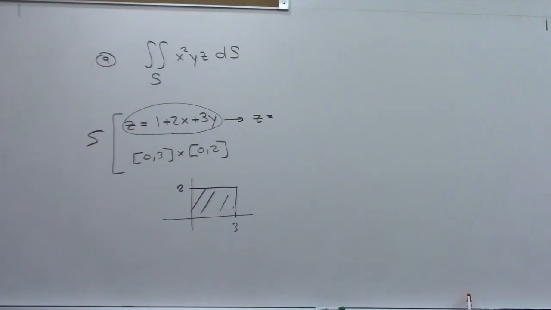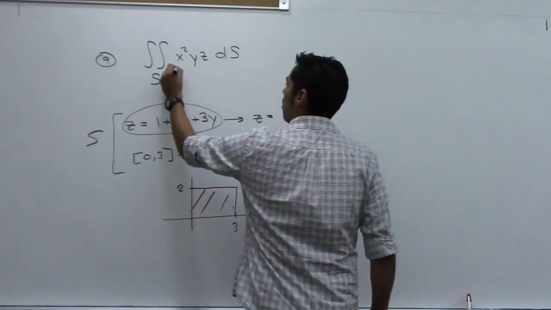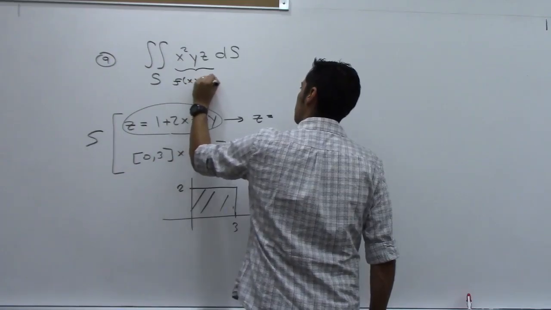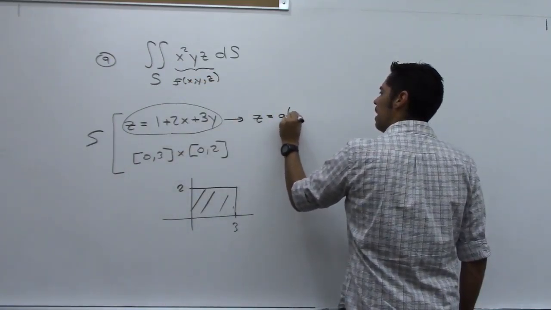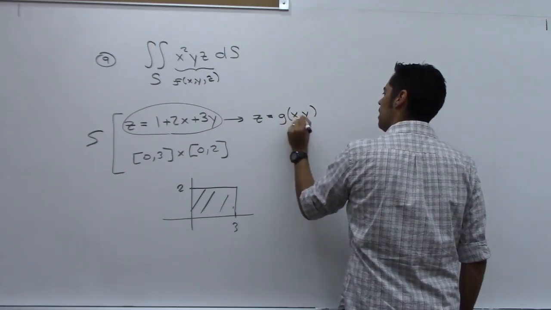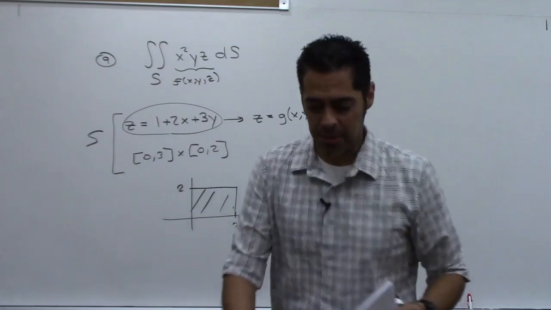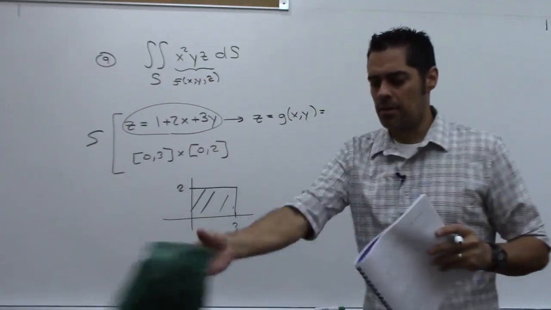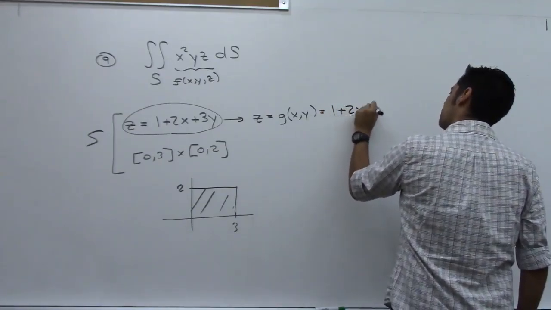Yeah, I call it g because we're calling this right here our scalar function f of x, y, z, so we don't want to use f twice. So g of x, y is equal to 1 plus 2x plus 3y.